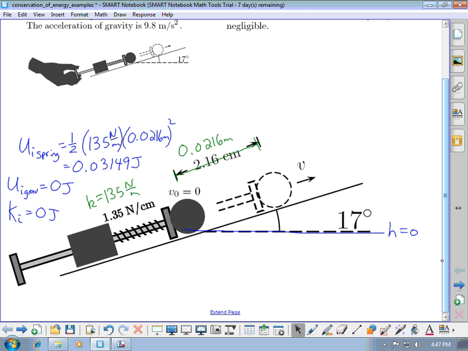At the end, when this is leaving the spring, the final spring potential energy is going to be 0. The final gravitational potential energy is not 0, though. And to find this gravitational potential energy, we need this height.